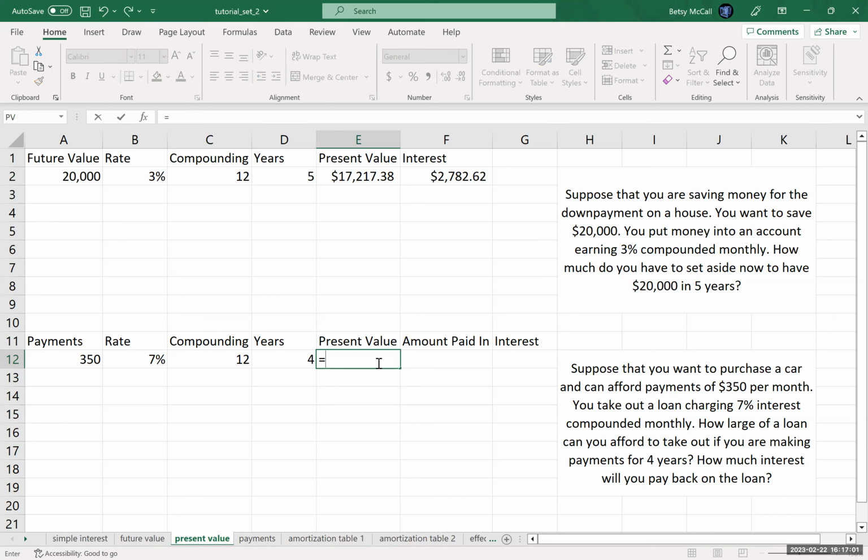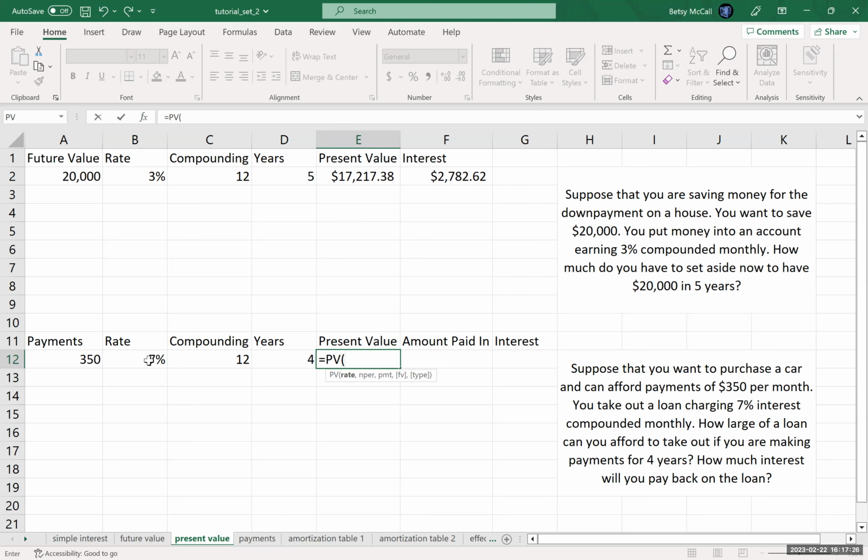Now we can just type in present value and it will give us a reminder of what goes in where. But keep in mind that you get more information if you go through the insert function option. This is just here to remind you, but if you want the detail that was provided in the pop-up menu, then you need to go in through the insert function option.